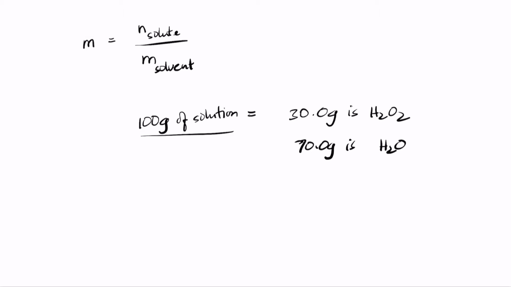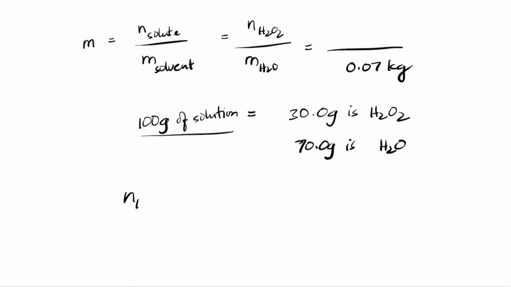So first we have to find the number of moles of solute. So it's the number of moles of H2O2 by the mass of H2O. The denominator is 70 grams, which converted into kilograms becomes 0.07 kilograms. The number of moles of H2O2 is the mass of H2O2 divided by the molar mass of H2O2.